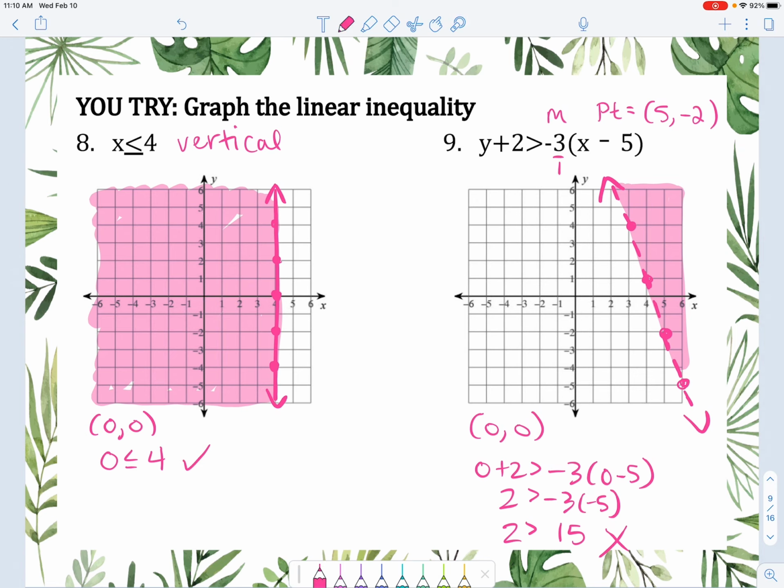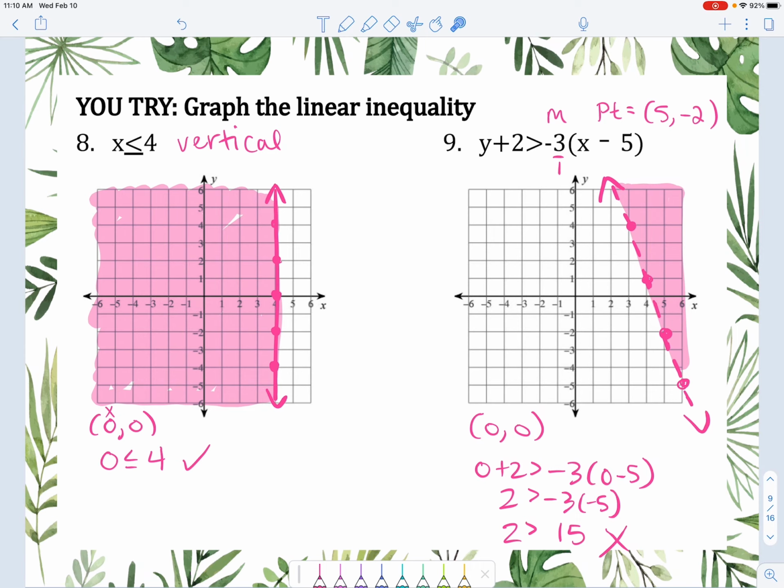Now, just like when we did the inequality that just contained the y, the horizontal line, this only contains an x. So I'm just replacing that x with a 0. 0 is less than 4. They're not equal, but it is less than. So I'm shading this entire region because this is the region of the graph that contains this ordered pair.